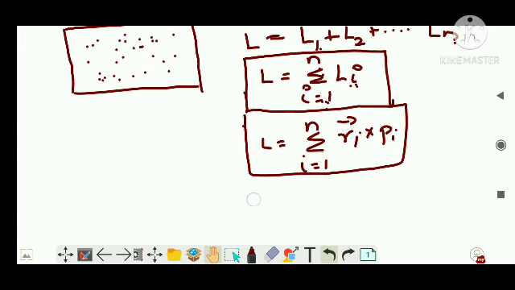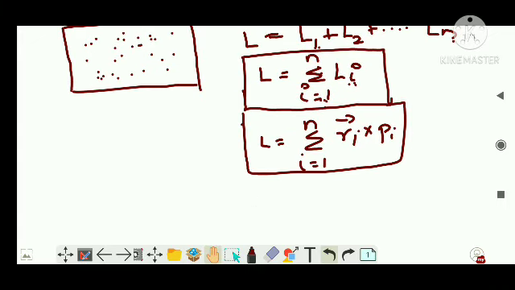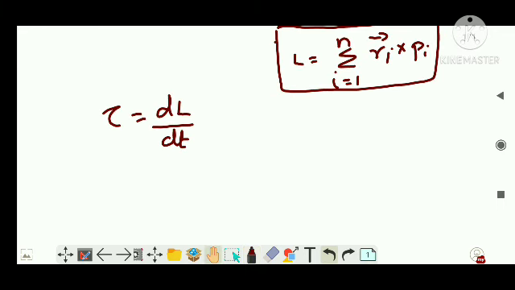Now the torque also is for a system of particles, right? So we just found a derivation or relationship between torque and the angular momentum, which is torque is equal to dL by dt, right? And then torque is also a sum of individual torques. So I can write torque is equal to the sum of dL by dt.